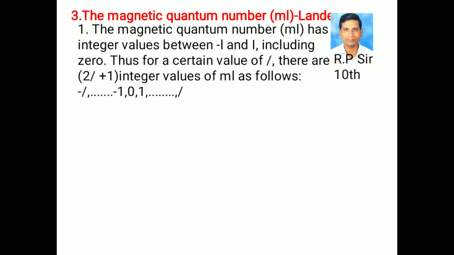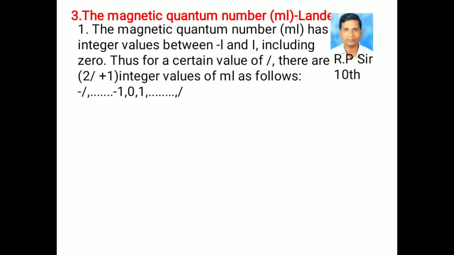The magnetic quantum number ml was proposed by Lande. The magnetic quantum number ml has integer values between -L and +L including 0.